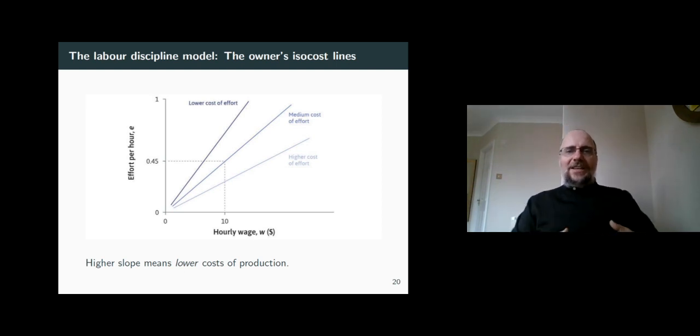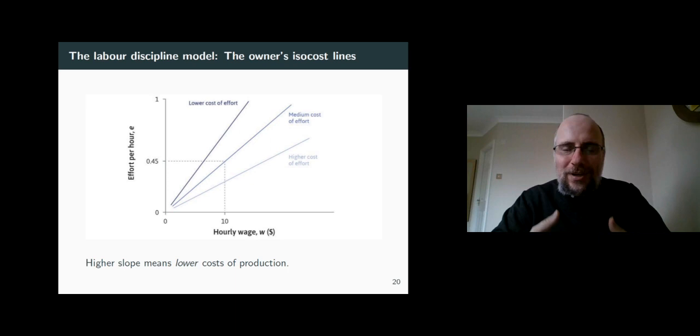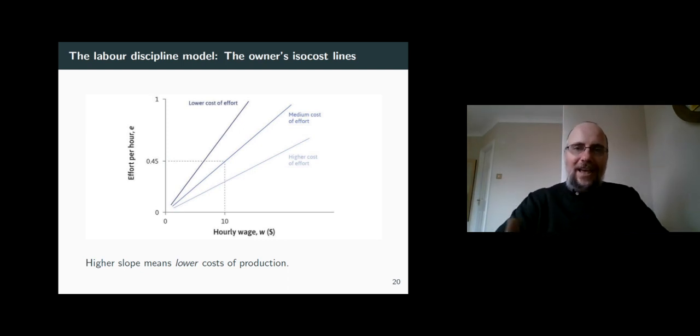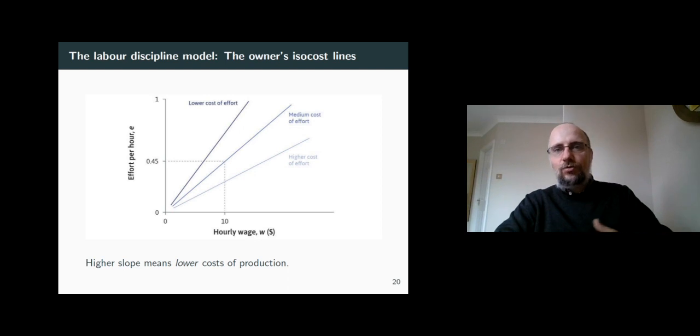So, as the firm is able to get a lower effort at all wages, then we can say that it becomes increasingly hard for the firm to extract the same level of effort as before. And as a result, we conclude that the effort isocost sitting to the right of the old one will mean more costs for the same effort for the firm, and will therefore represent higher cost of effort.